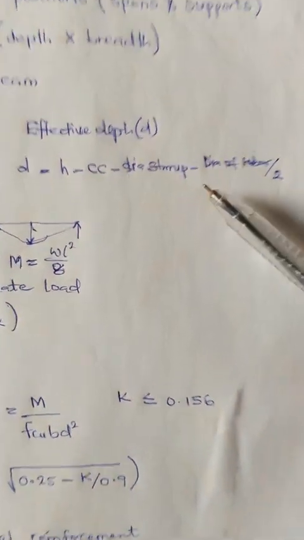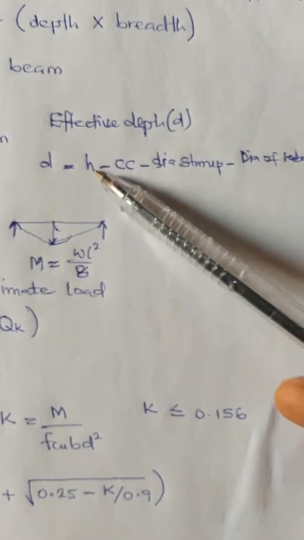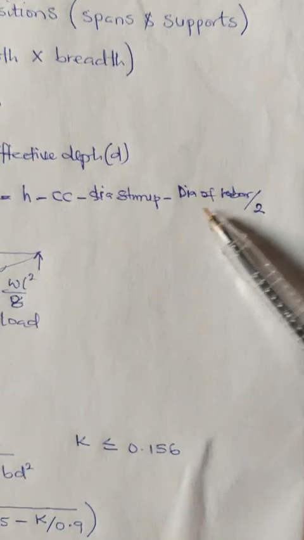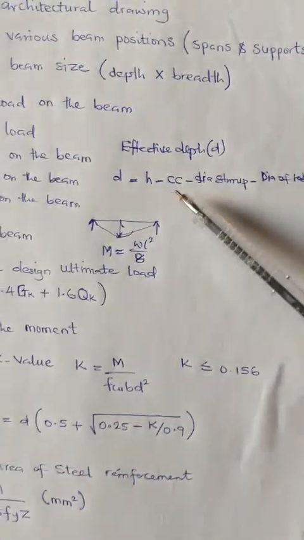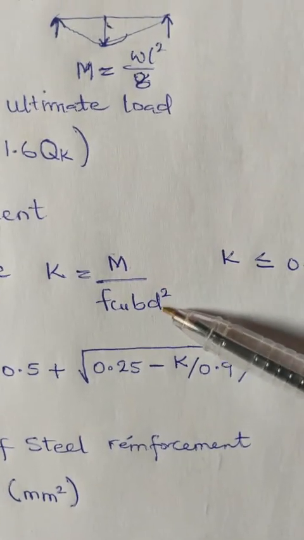Whatever it gives you here becomes your d. Here h is the overall depth of your beam, cc is the concrete cover, then the diameter of stirrup, and the diameter of rebar divided by 2. Whatever it gives you is what you substitute here as your d.